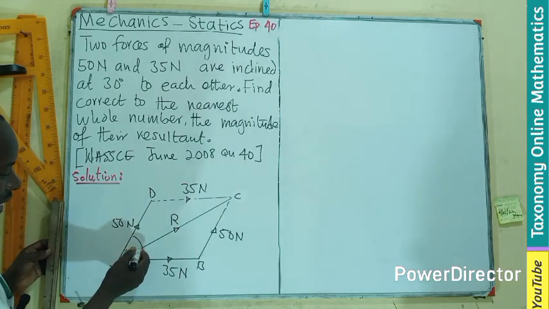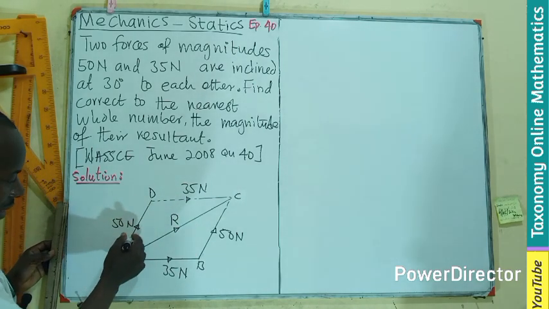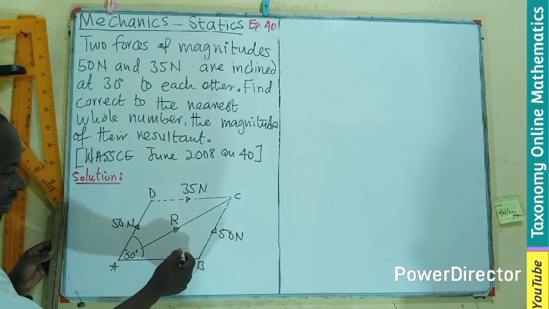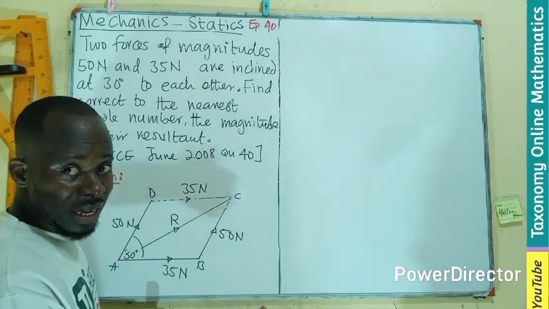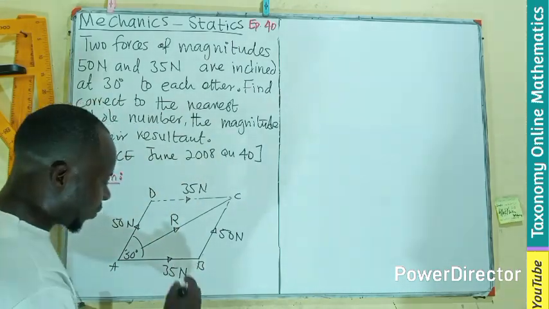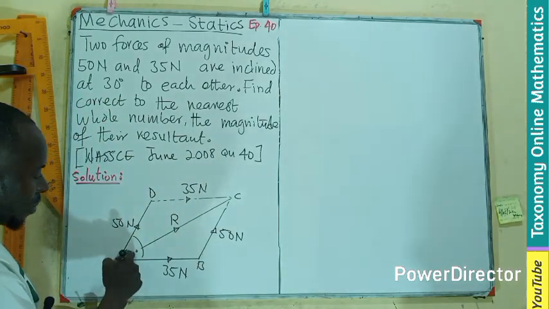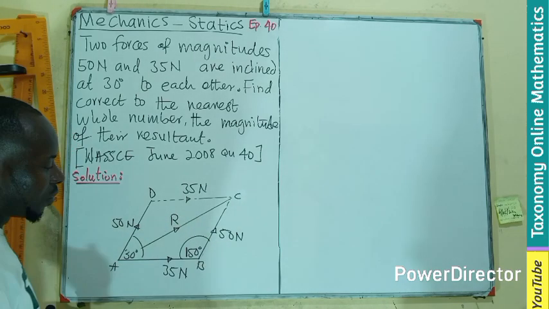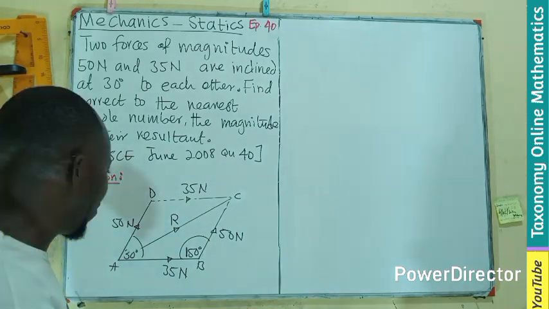Now this line is passing through to the corner here, but this angle plus this angle equals 180 as co-interior angles. So this is going to be 180 minus 30. That will give us 150 degrees.